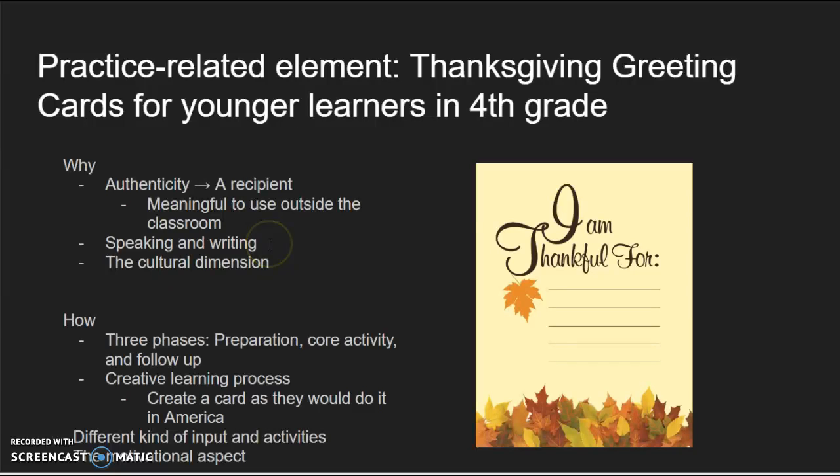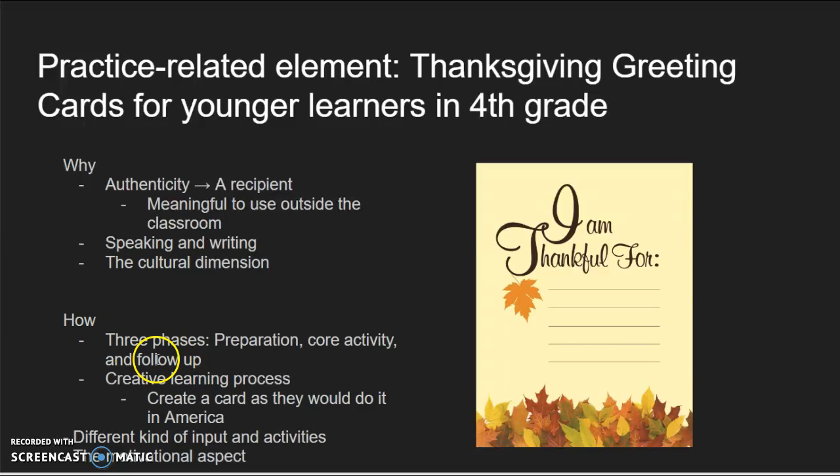These are linguistic skills and features of the English language, and therefore very important for the students' language learning. The cultural dimension is also essential to the purpose of teaching English, and that is why I have taken a point of departure in an American tradition.